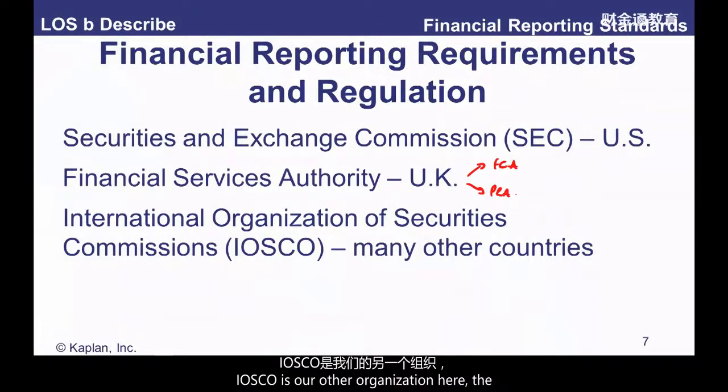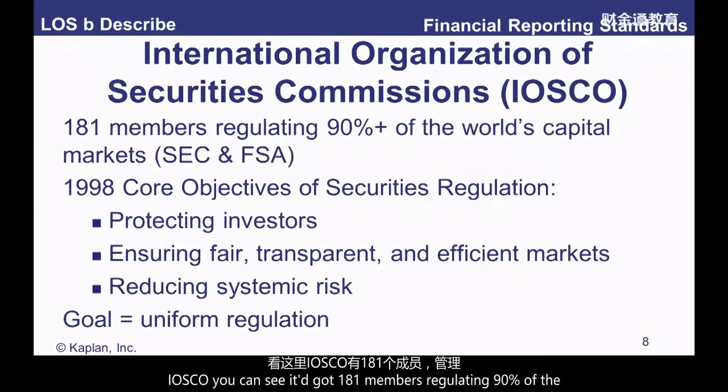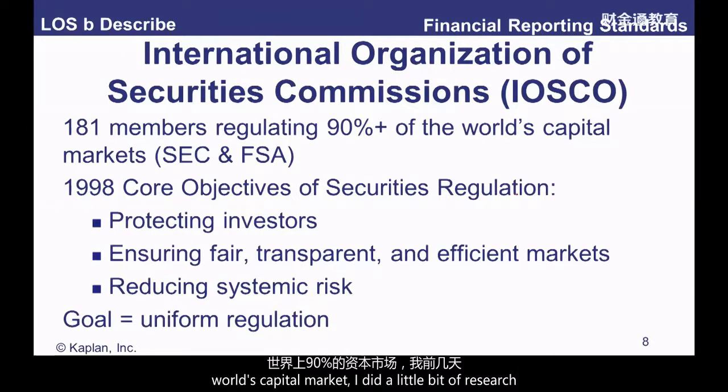IOSCO is our other organisation here, the International Organisation of Securities Commissions. Now, essentially, this is a body that contains many securities market regulators from around the globe. Now, IOSCO, you can see we say it's got 181 members regulating 90% of the world's capital markets.